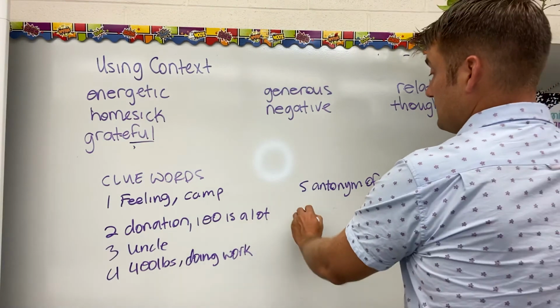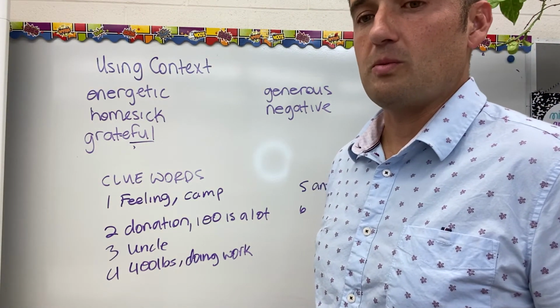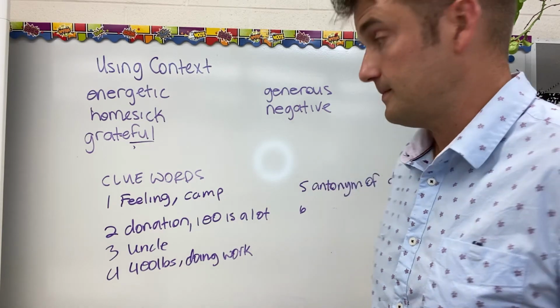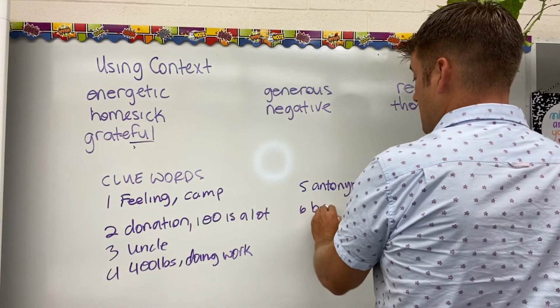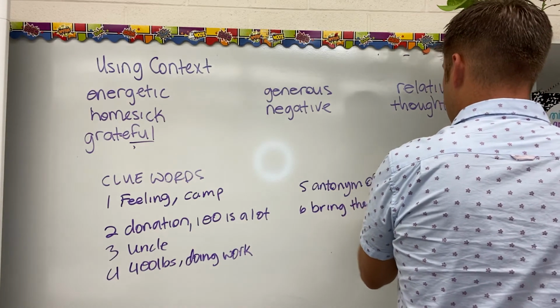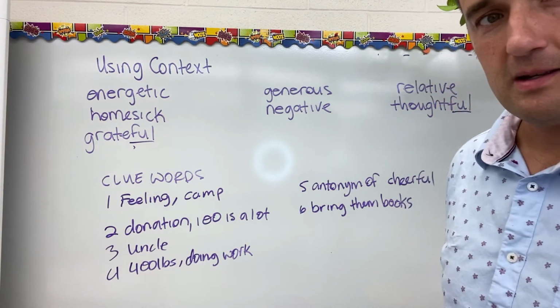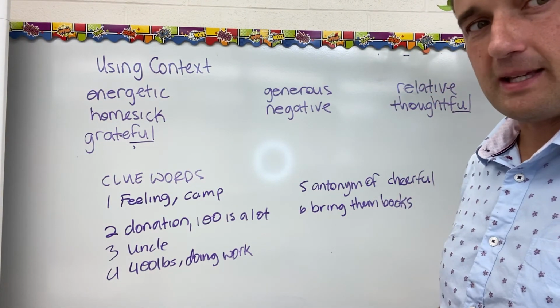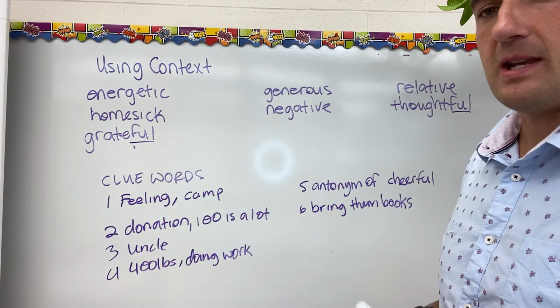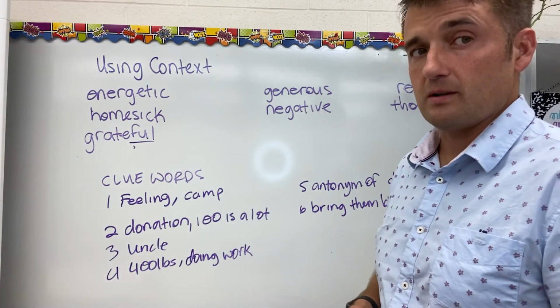Number 6, the residents are blank for the workers who bring them books. Well, they're receiving books, bring them books, so it's almost like a gift. Okay, number 7, it was blank of the librarian to save that book for Soren.